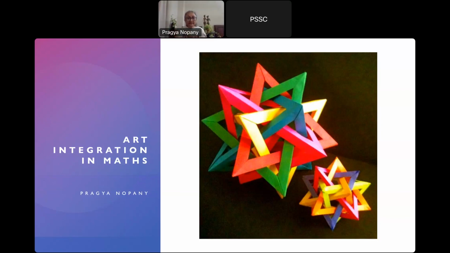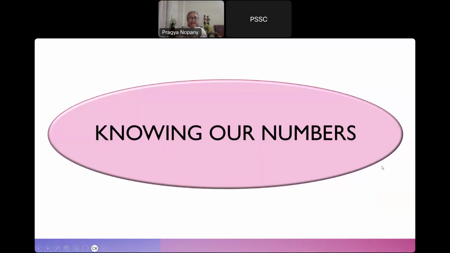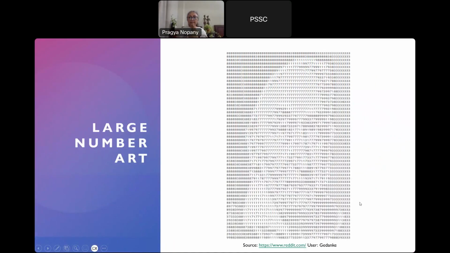And going further, now let me take up topic by topic some ideas in mathematics. So when you start with class 6, the first topic is knowing our numbers. The chapter deals with big numbers and some conversions. So now if you look at the big numbers, the first art that you can make them do is large number art.